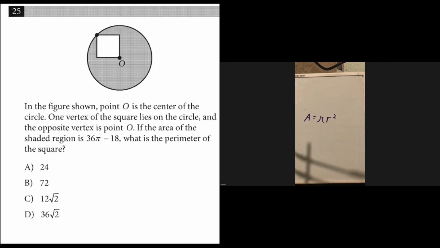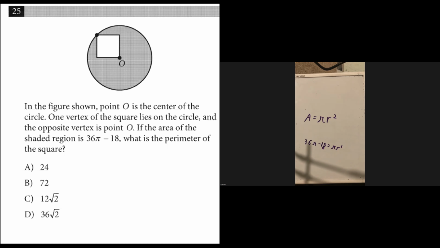Okay, so for this one, we have a circle. We know that the area of it is pi r squared, and so use your calculator on this one. And so we have area is 36 pi minus 18 equals pi r squared.